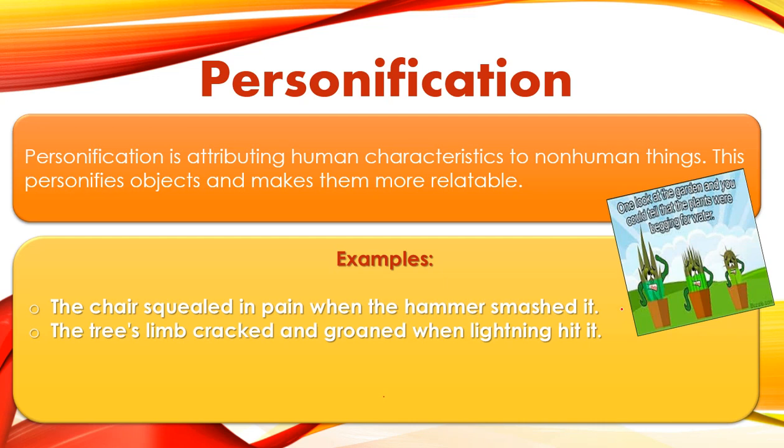The tree is limp, and the ground when lightning hit it. The trees cannot do those two actions, but the author gave the tree a human characteristic in order to give it a life.